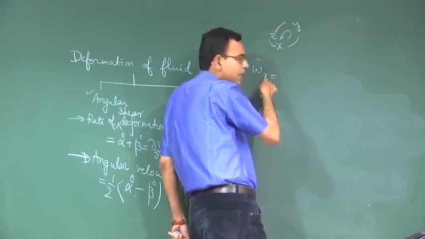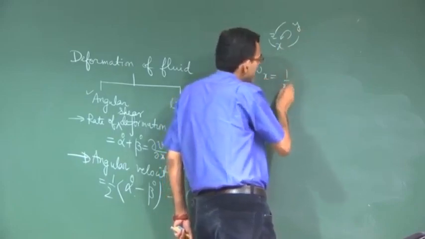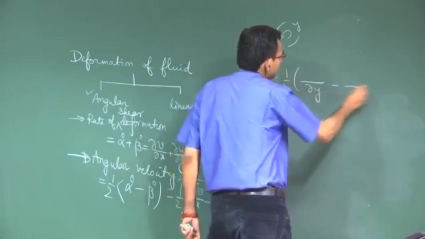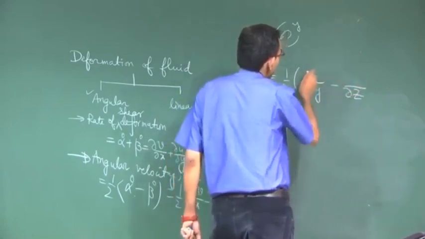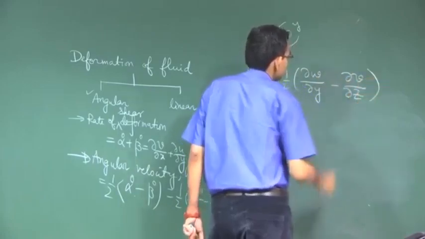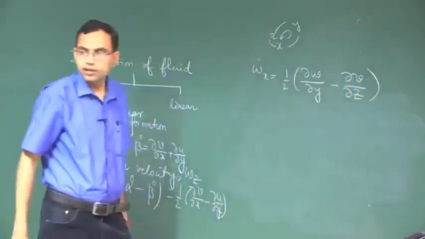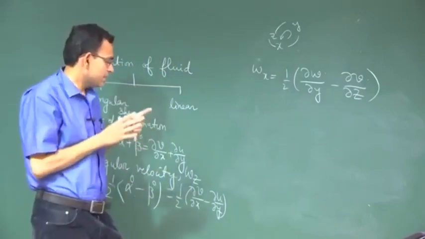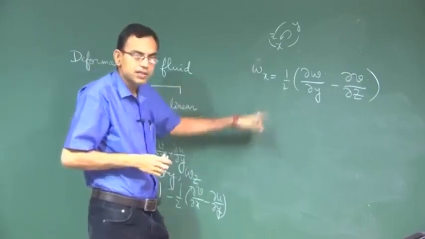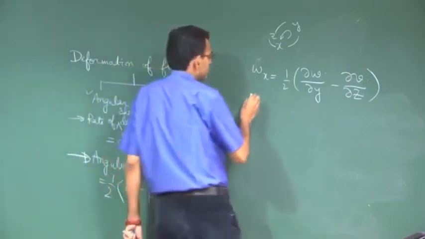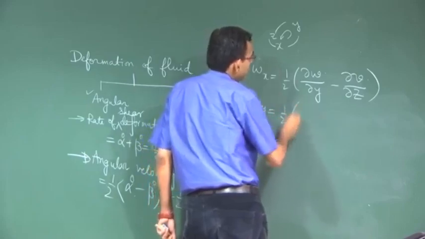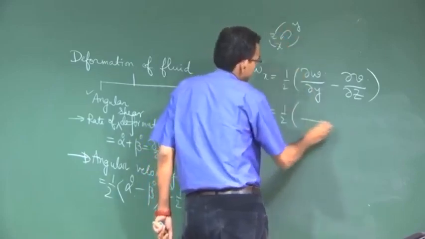So with respect to the x axis, first will come y and then z, and it will be a cross derivative. It is like drawing an analogy. Once you know this, you can write the expressions for the others. For y it will be first z and then x.